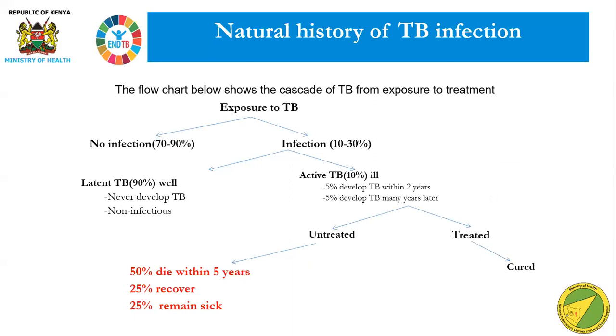There will be, it will not progress to latent TB at all. So, the 10 to 30% will have the infection in their body, and they'll be having what we call latent TB, which does not develop into active TB disease, and therefore they are not infectious, since there are no signs and symptoms.